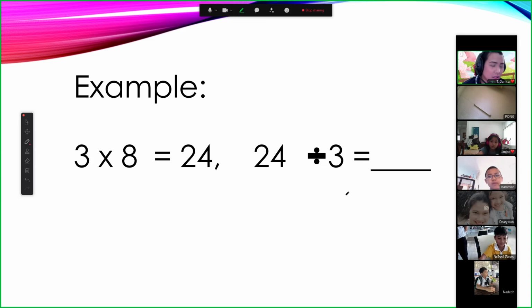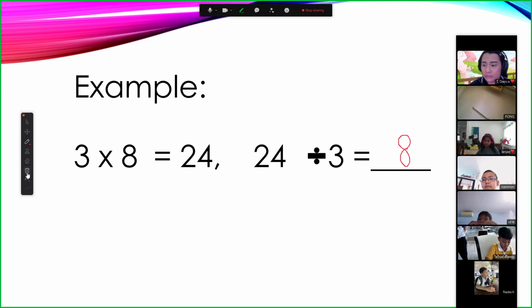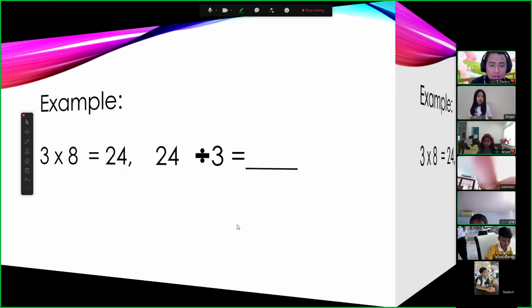Everyone say divided by 3. How do you say equals? 24 divided by 3? 8. Yes, then write 8. Finished? Finished. Okay, next.